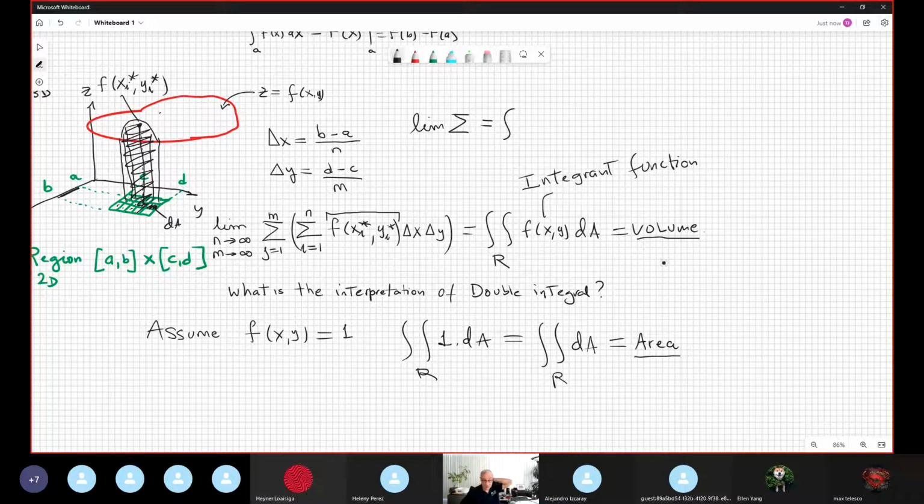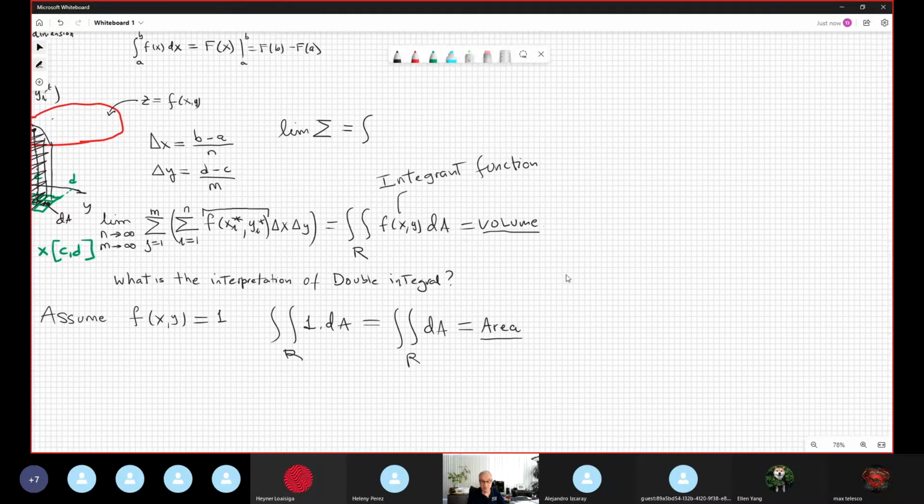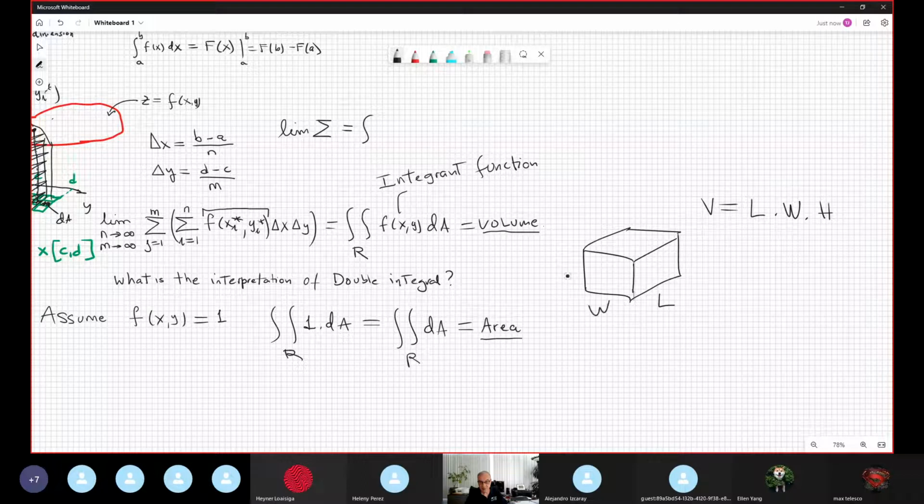Well, it's both. To understand this, suppose you have a box. The volume of this box is the multiplication of length, width, and height. Suppose this is length, this is width, and this is height. This is the volume, the capacity, the space inside.